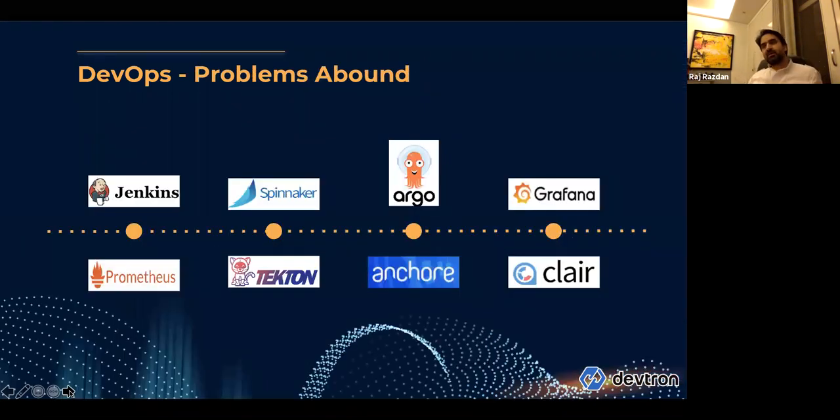And then, when I talked about tooling, there was literally a proliferation of tools, from all of these logos that you see, from Jenkins to Spinnakers to Argos. These are tools in the CI or CD space, in the observability and monitoring space and whatnot, from Prometheus to Tektons to Anchores to Clairs of the world.